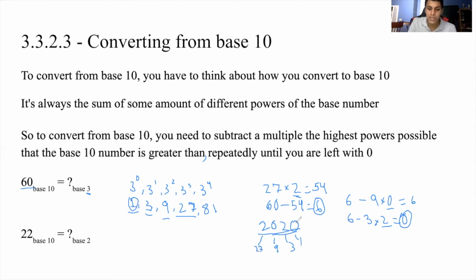So this number in base 3 represents 2 27s, 0 9s, 2 3s, and 0 1s. And if you converted this back to base 10, this gives you 54 plus 6, which is 60. So you're basically doing the exact opposite thing that you did to convert to base 10 when you convert from base 10 back to another base.